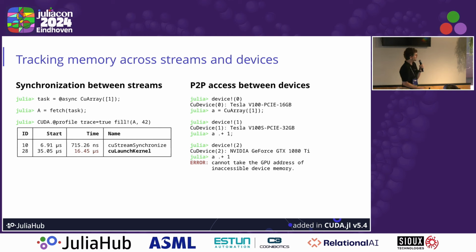In this example, device 2 is a GTX 1080, which is not compatible for peer-to-peer communication with the V100s I was using before. And CUDA.jl will let you know that it's impossible to reconfigure the system to allow this access. And in that case, you will still have to use an explicit memory copy from one device to another device, which in this case will then stage through the CPU.